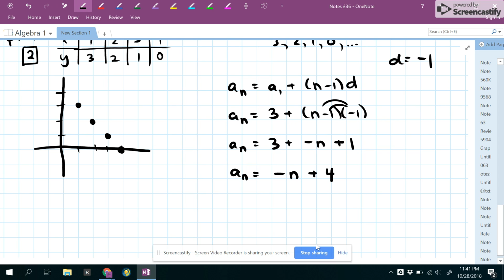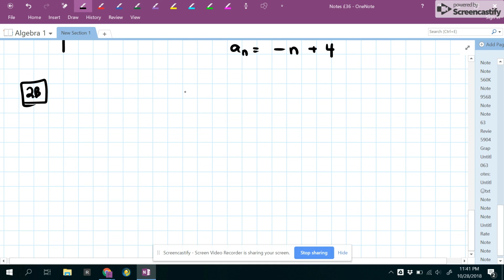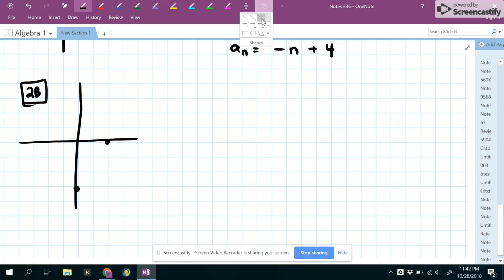So you should also be able to use this if I were to give you a graph like problem 2b on that same page. So let's look at problem 2b. I'm going to redraw it for you kind of fast. So they give you the entire line. I counted wrong.